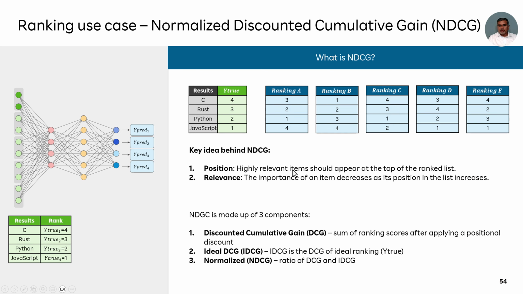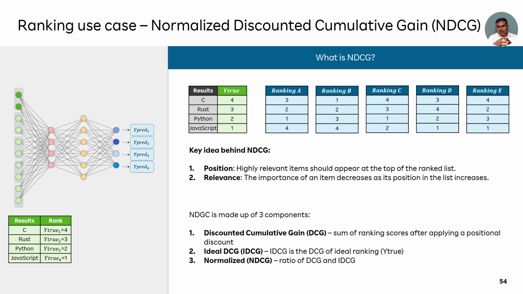One way to solve for this is to use a technique called normalized discounted cumulative gain. This will allow us to figure out how to qualify whether our ranking from our neural network is good or not, or how close it is to our ground truth value.